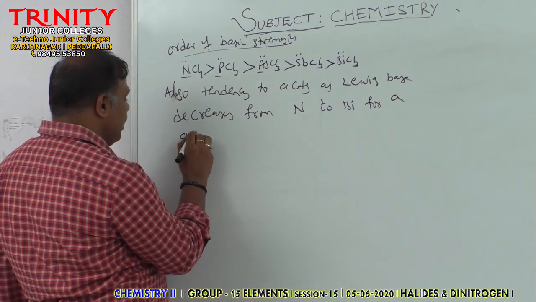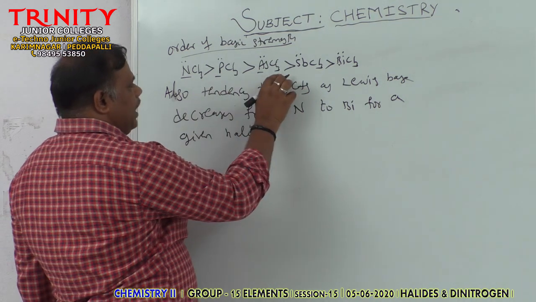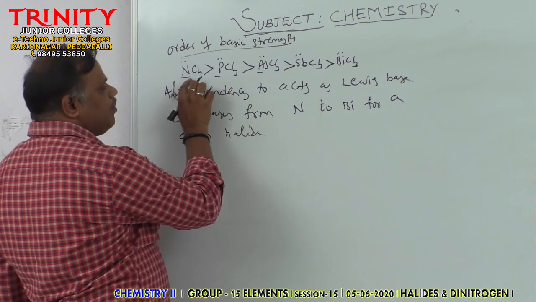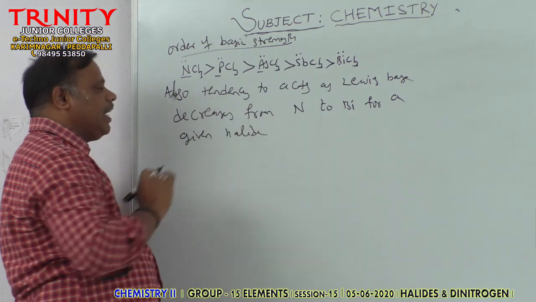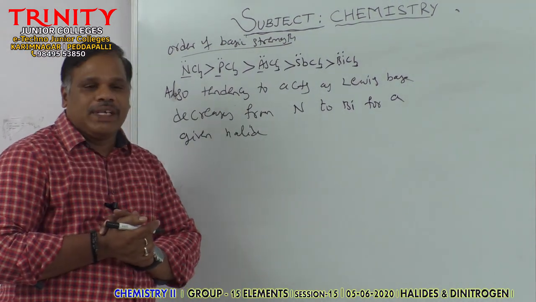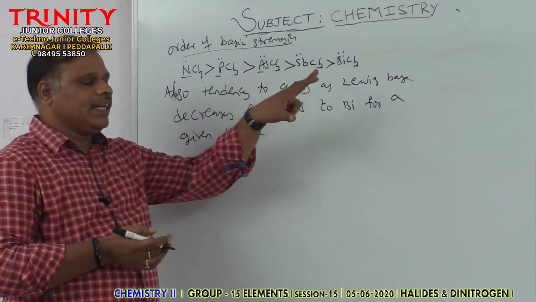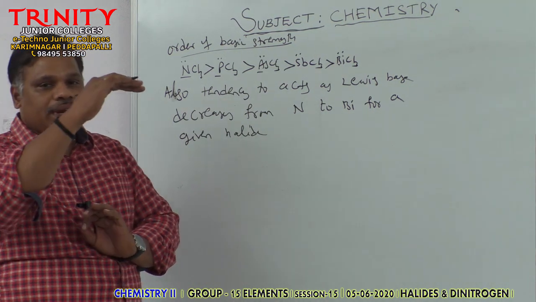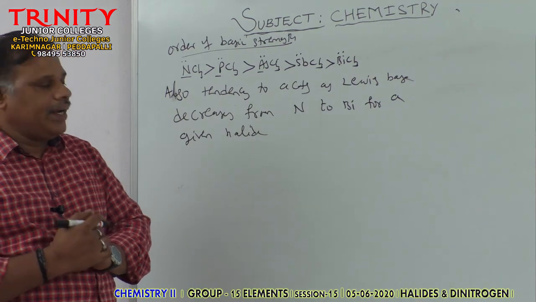Remember, for a given halide: either NF3, PF3, AsF3, or NCl3, PCl3, AsCl3, SbCl3, or NBr3, PBr3, AsBr3, SbBr3. For a given halide, Lewis basic strength decreases from nitrogen to bismuth because the central atom size increases, the lone pair spreads over the larger size, hence lone pair electron density decreases, hence Lewis basic strength decreases.